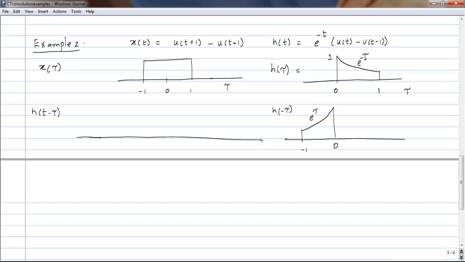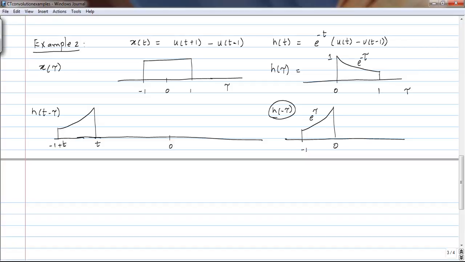So if t is very large and negative, I'm going to take h of minus tau and shift it to the left. So we're going to shift it by t, right? So whatever is 0 here now occurs at t, and whatever is at minus 1 now occurs at minus 1 plus t.